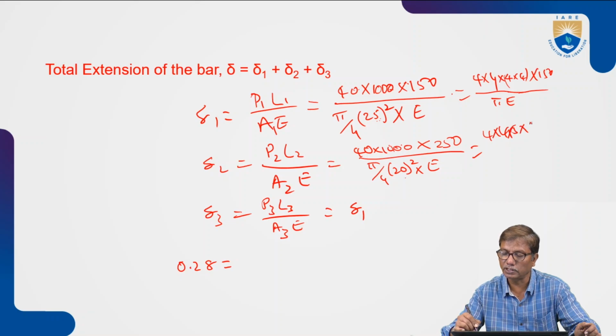That means 5 into 5 we will have into 250 by pi E.